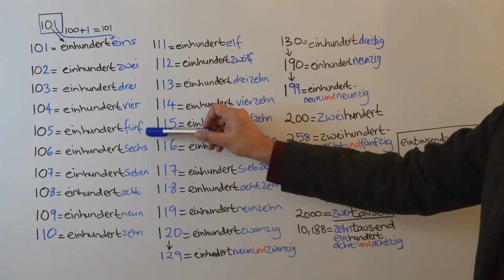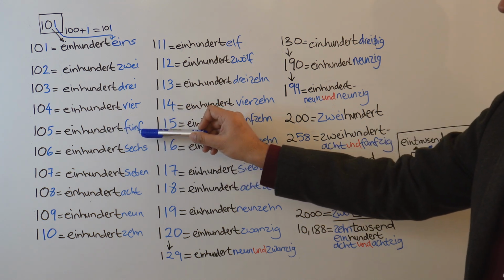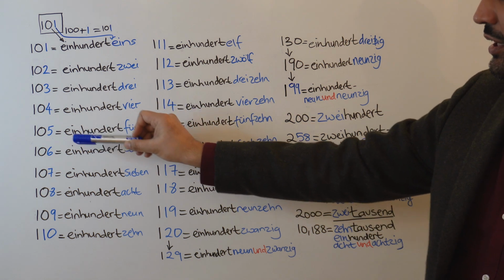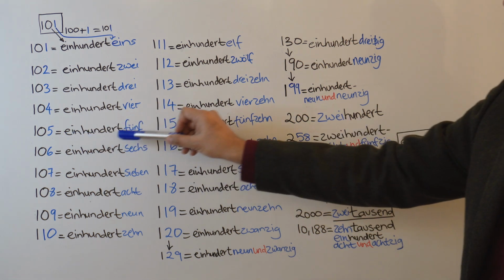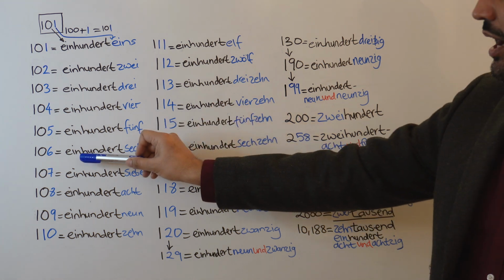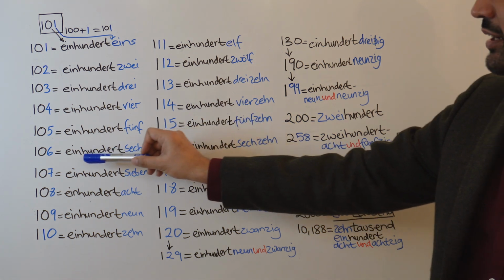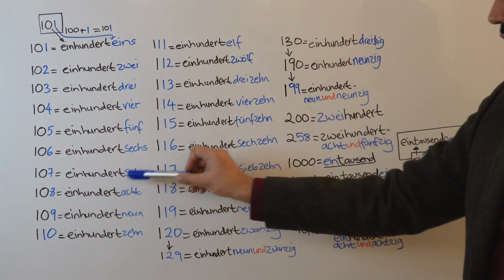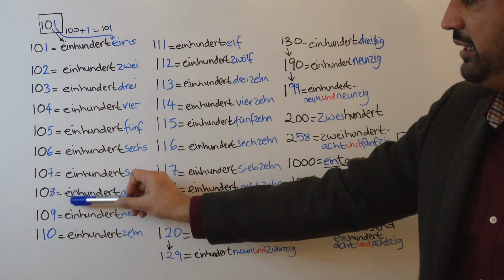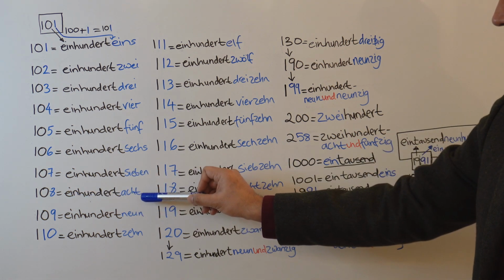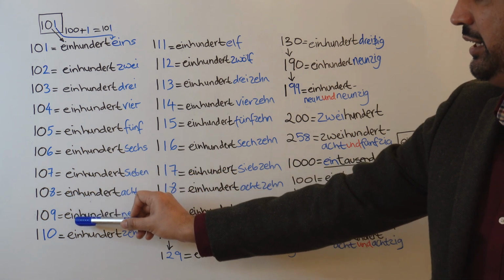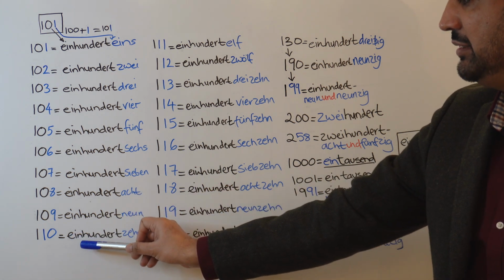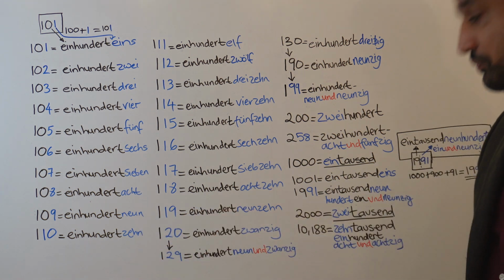It is not fünf, it is fünf. So the same translation from English. 106. 107. 108. 109. And 110 will be called hundertzehn.